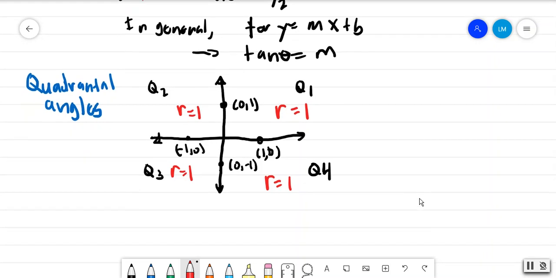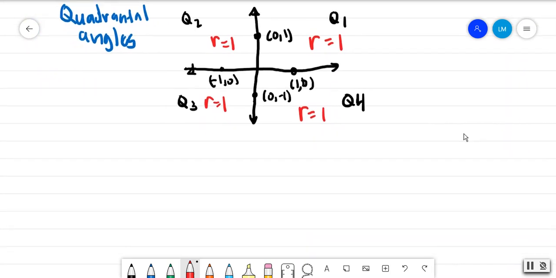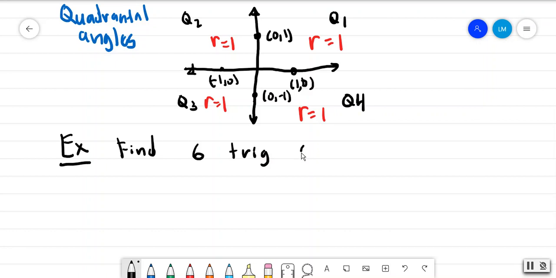So let's say that we do an example where we want to find the 6 trigonometric functions, and we're going to look at 270 degrees and also 4 comma 0.